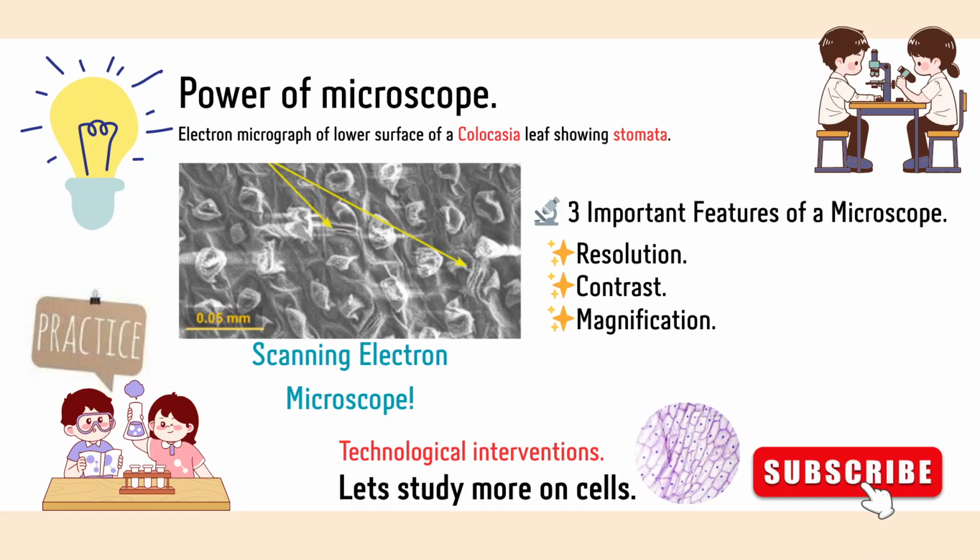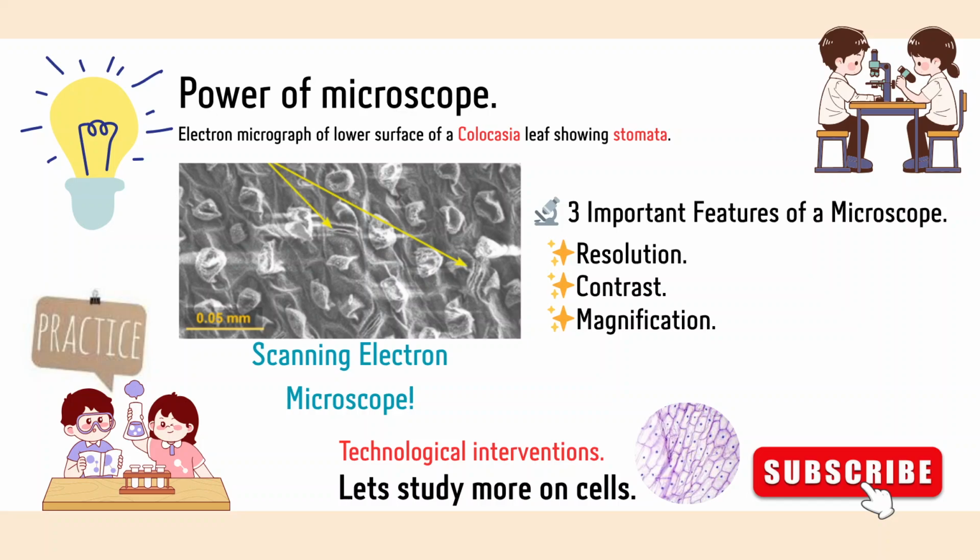A microscope helps us see extremely small structures clearly and plays an important role in studying cells and their structure. Over time, scientists improved microscopes by enhancing three major features. The first is resolution, which means clarity. The second is contrast, which is the difference in brightness between different parts of an object.